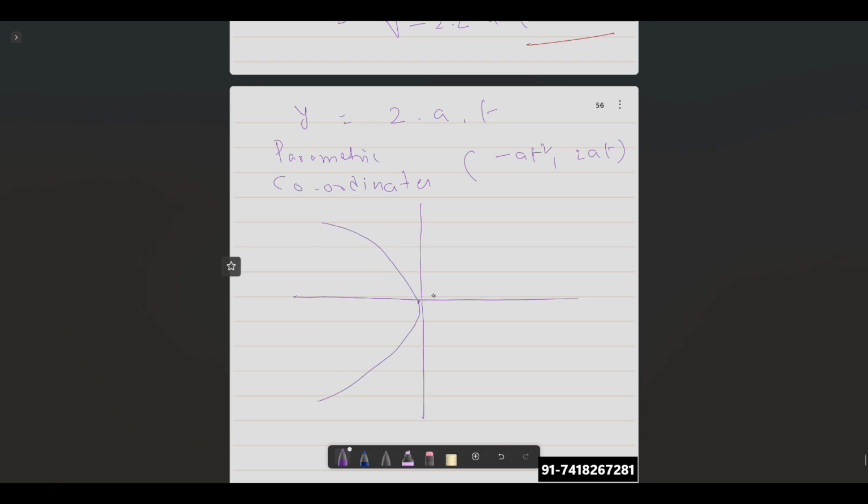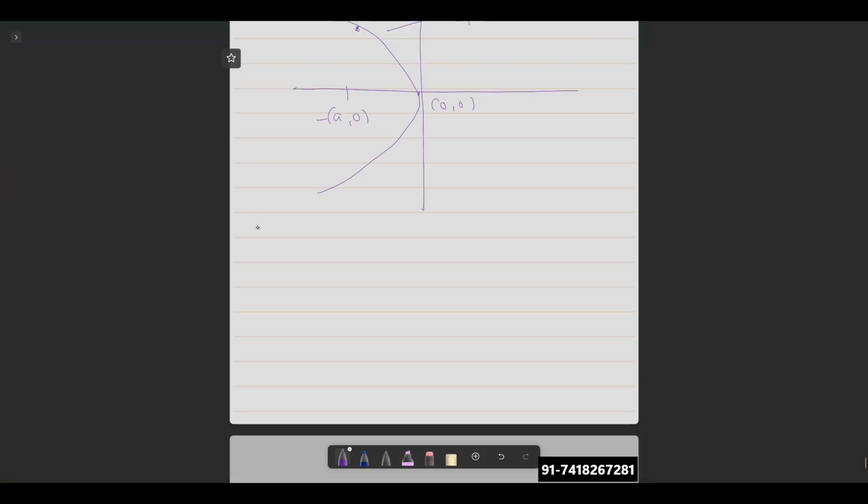The vertex will be here at 0 comma 0, and here is the focus, which is minus a comma 0. Then any point P of x comma y on this can be represented as P of minus at square comma 2at. On this side x is positive, and on this side x will be negative. That is why we have introduced a negative sign here.